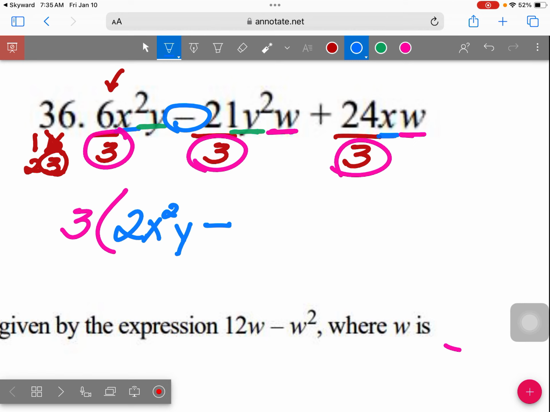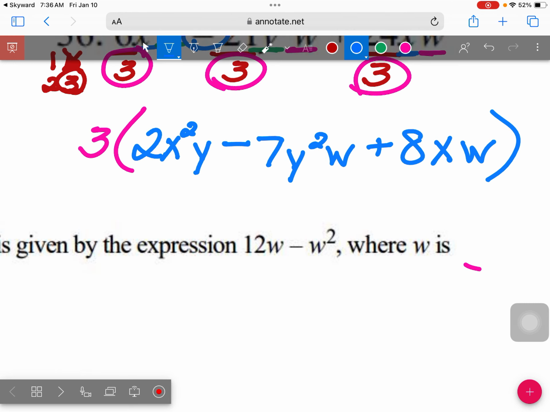Just say 7. 7, thank you. And y squared w, there's nothing else to divide it by, so you write those out. Plus 24 divided by 3 is 8. And there's nothing else to divide by here, so I write down the x and w.